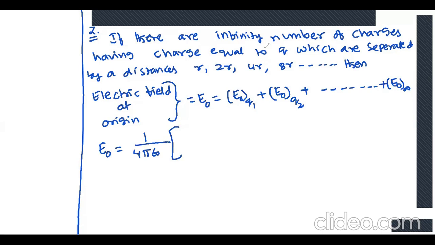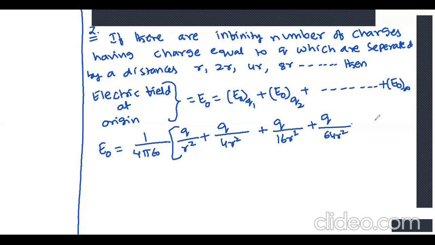All are having same charge Q. So Q by R square plus Q by 2R whole square, that is 4R square, plus Q by 4R whole square, that is 16R square, and so on to infinity.